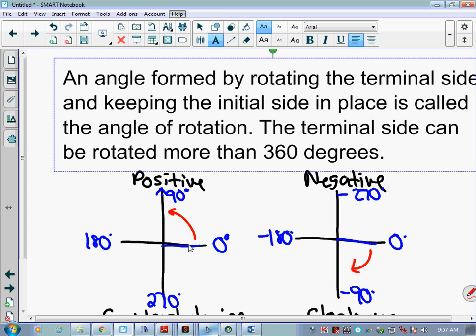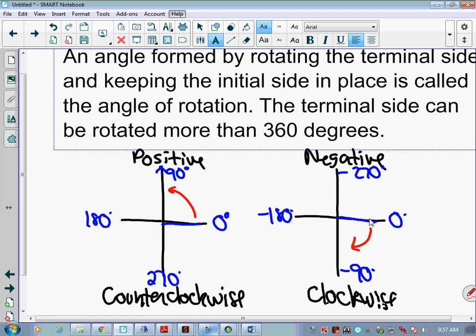So 0 and 360 are coterminal. You follow me? Okay? And I could do the same thing with the negative, right? Negative 180 and positive 180 are coterminal. They end at the same position. You follow me? Okay, great.